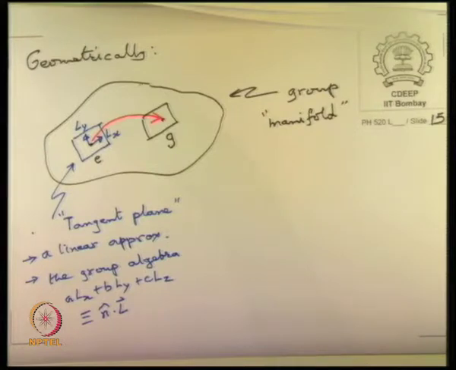Again, I can write it in terms of exponentials of, well, so I can reach G by using the tangent space at this, and the two tangent planes are isomorphic.